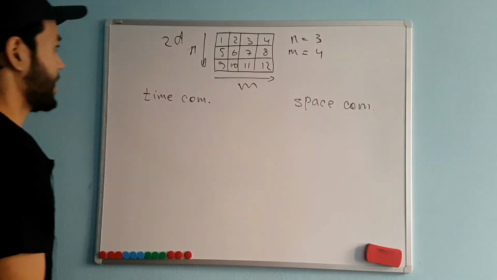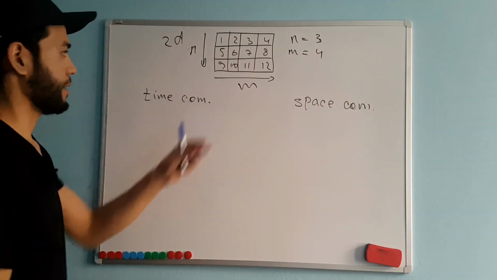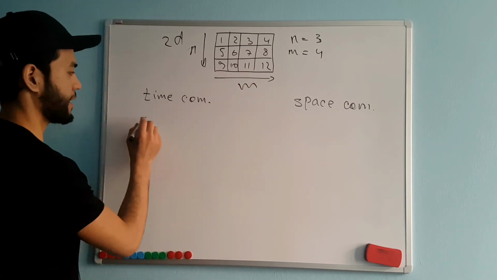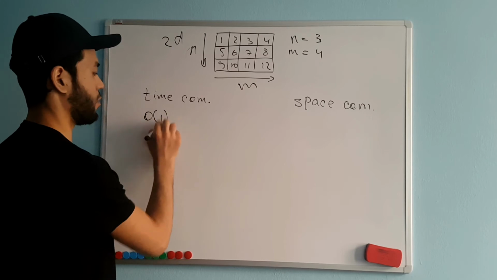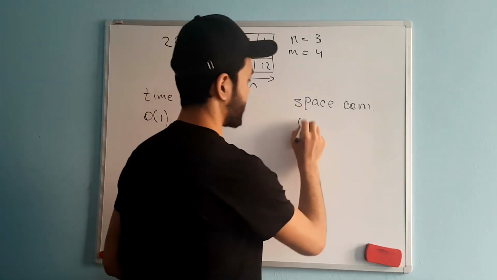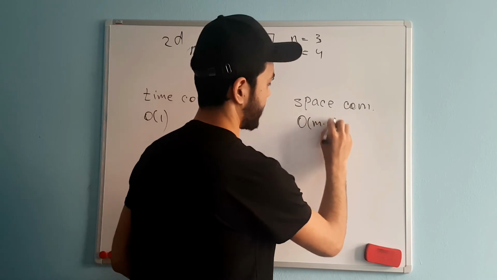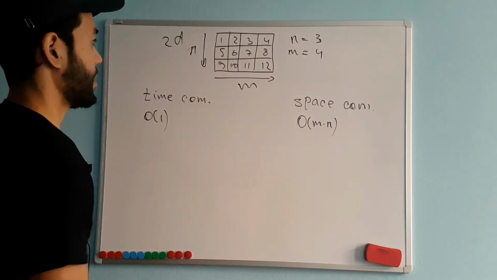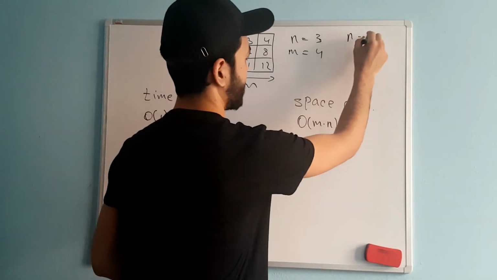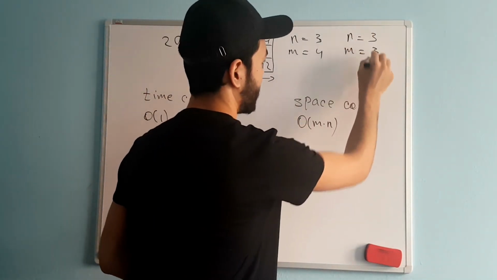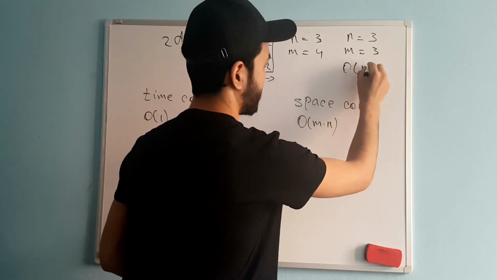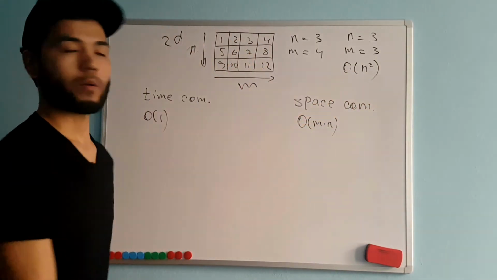Okay, for this we'll see how the creation works, whenever we are creating the two-dimensional array, the time complexity is O(1). Okay, and the space complexity required is m n. For example, if n is equal to 3 and m is also equal to 3, in this case our space complexity will be quadratic, which is O(n) to the power of 2.